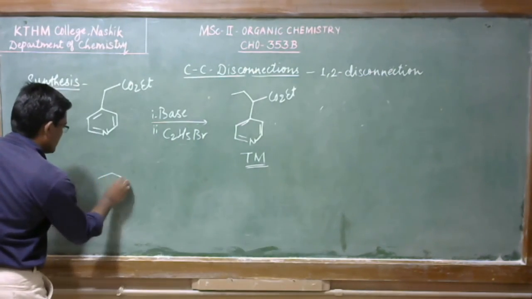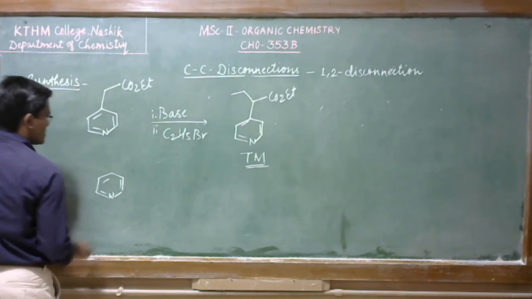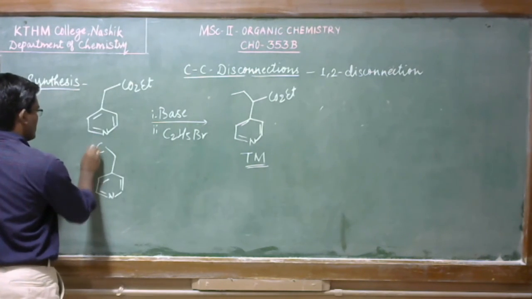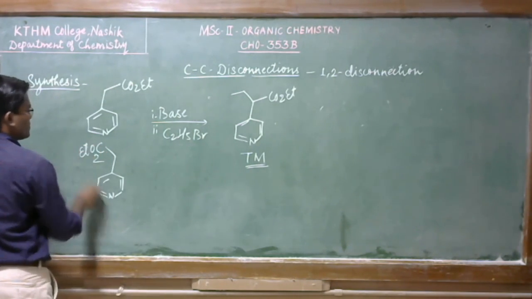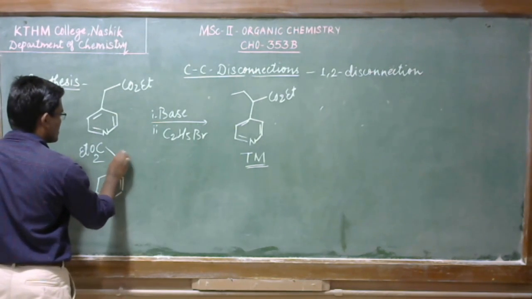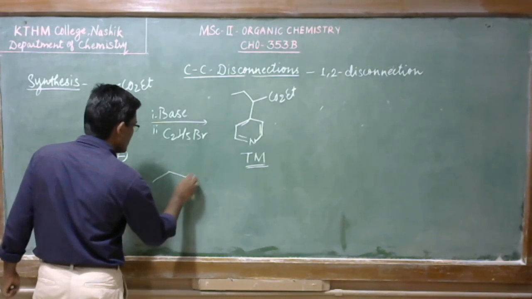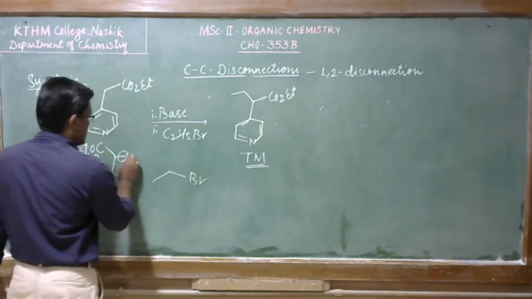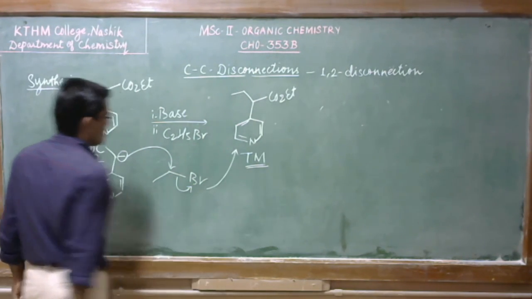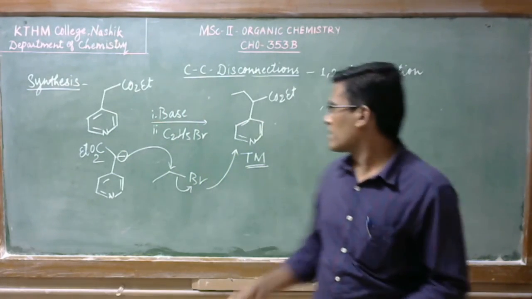This is a simple substitution reaction. The base will abstract this proton and generate this carbanion, which then attacks the ethyl bromide. In this way we will get our target molecule.